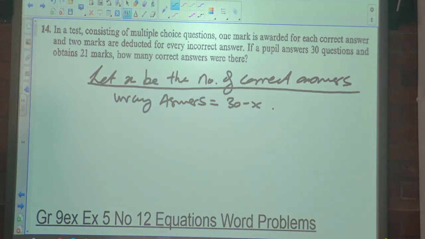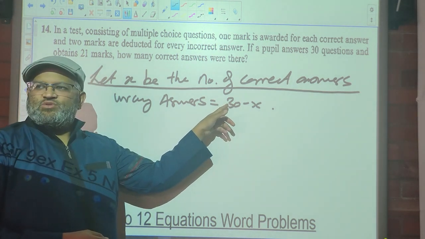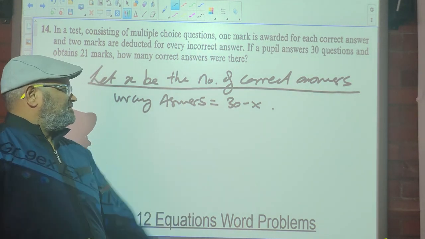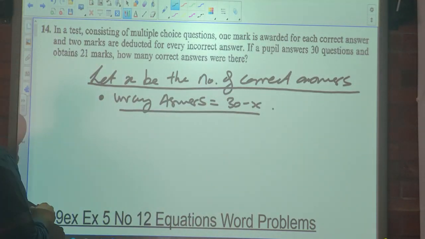What about x minus 30? Because if he only has a total of 30, imagine he had 1 correct, then it's going to be 1 minus 30, which is minus 29. That's wrong.